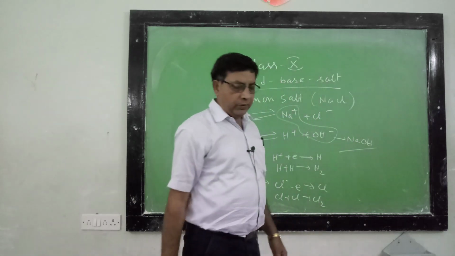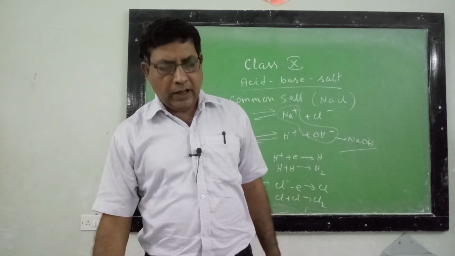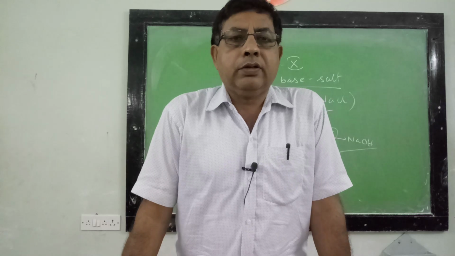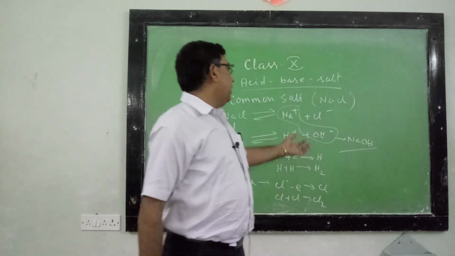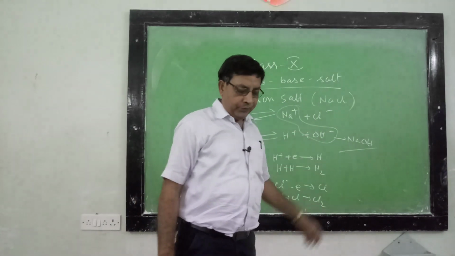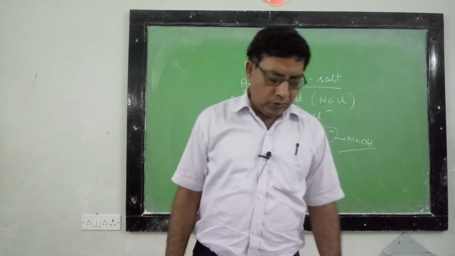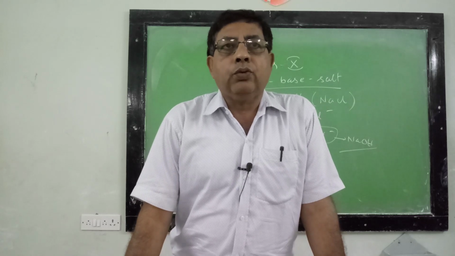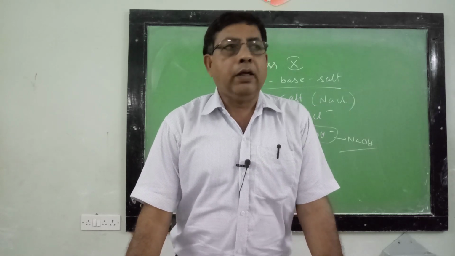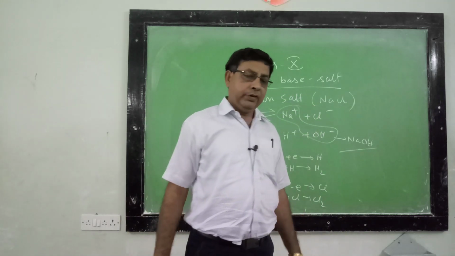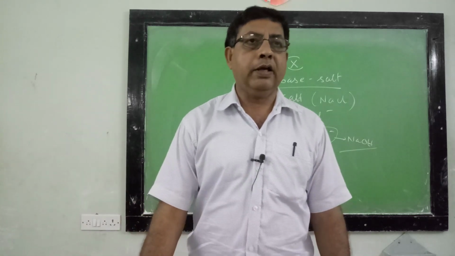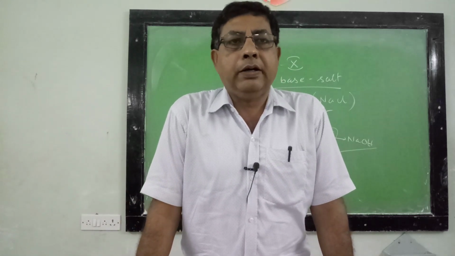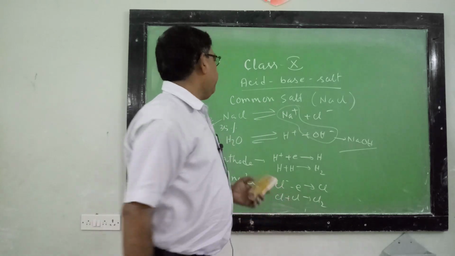After completion of electrolysis, if the solution is concentrated and cooled, we get crystals of sodium hydroxide. This process is known as the chlor-alkali process, because in this process we get both sodium hydroxide and chlorine gas. This is a very important process for the preparation of sodium hydroxide from common salt.